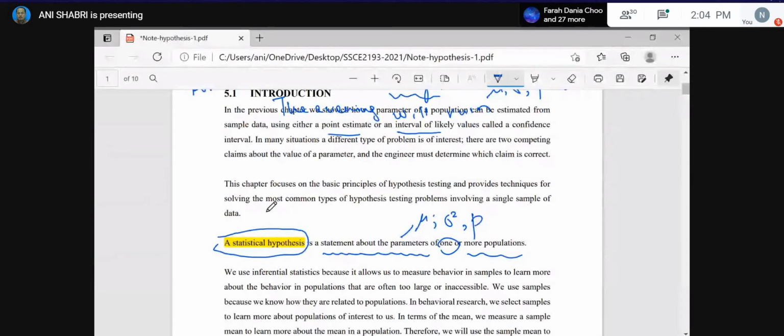This statement can be true or false. Okay, in statistics, we just take the sample to make a conclusion about the population.